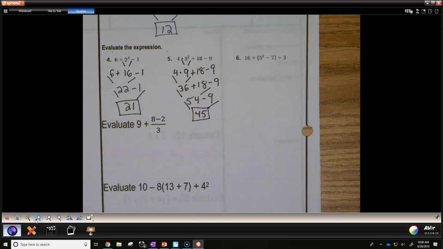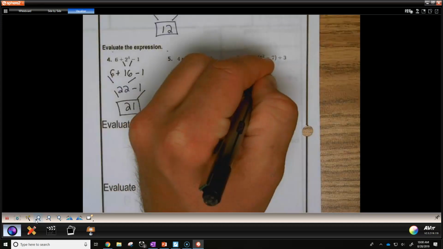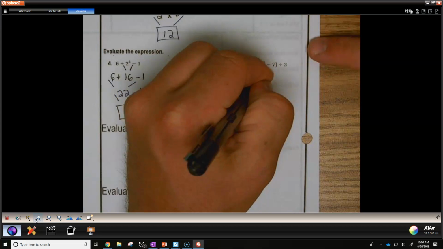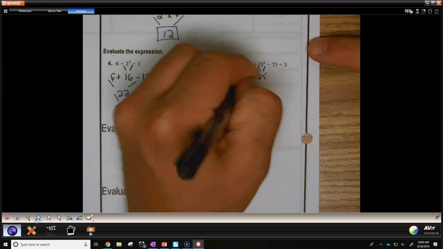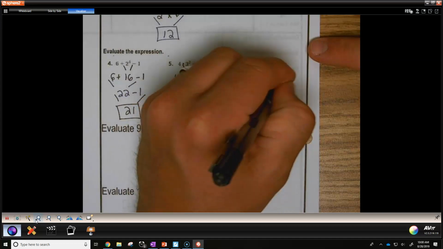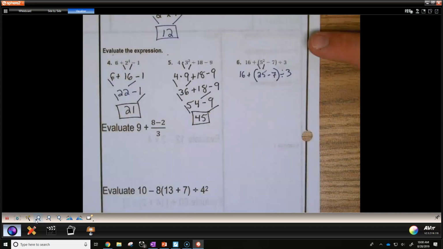Last one, number 6. Who thinks they want to take a stab at it? Alright, go ahead. Grant: First you would do 5 to the 2nd power, which is 25. Good. So in parentheses, 5 squared. I do my exponent first. 5 squared, like you said, was 25. I rewrite this. I still need my parentheses because I did not simplify the whole parentheses yet.